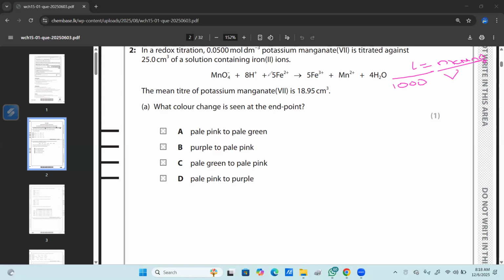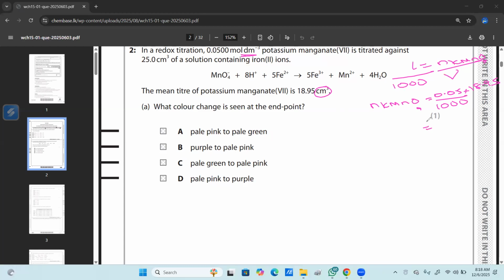I put 1000 here as they gave the volume in cubic centimeters, but the concentration is given in cubic decimeters, so you need to do the conversion. Then moles of potassium permanganate is equal to, in 1000 it's 0.05. Then you have to find how much is in 18.95.